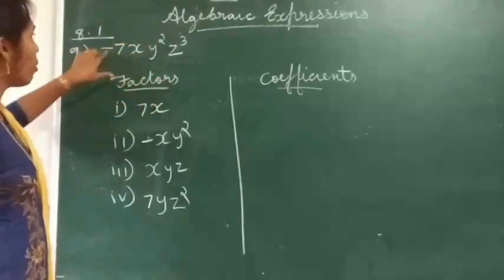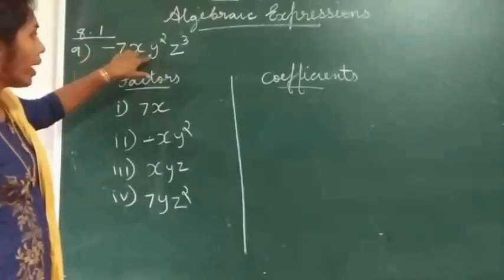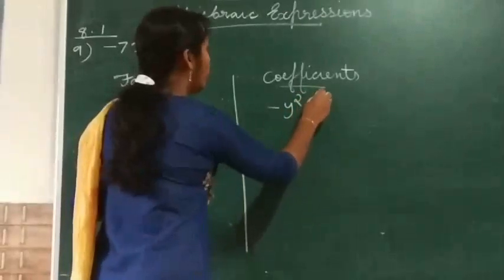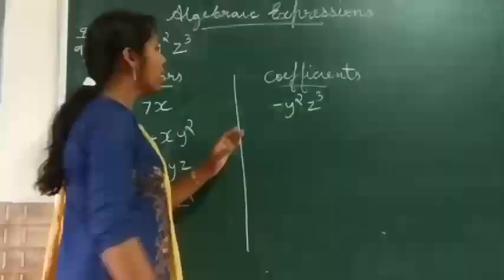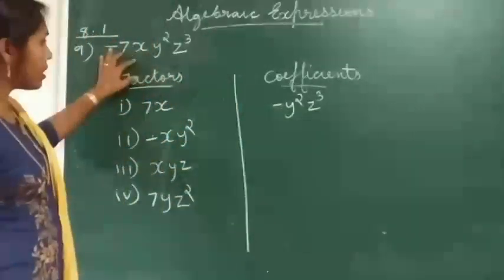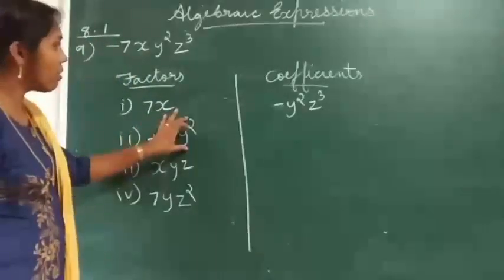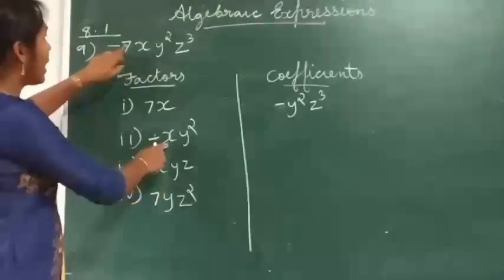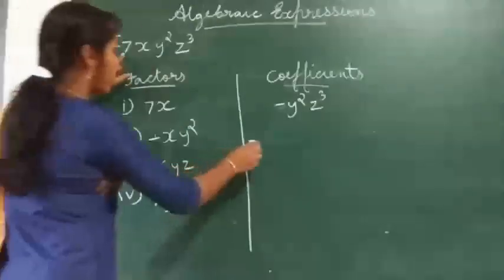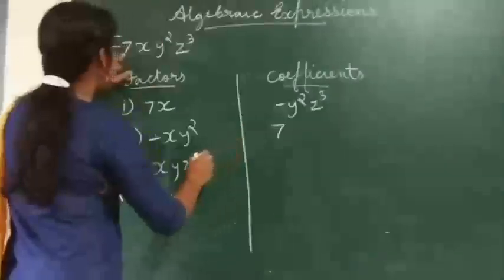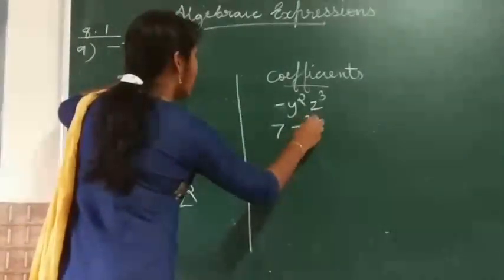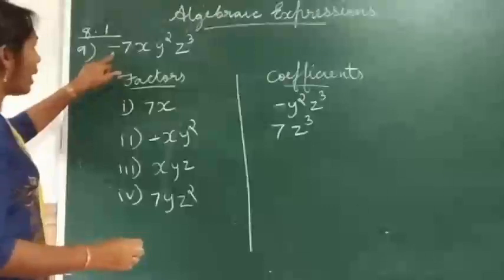So minus y square z cube is the coefficient of 7x. Now minus x y square: what is remaining? 7 is remaining, then z cube. So 7 z cube is the coefficient of minus x y square.